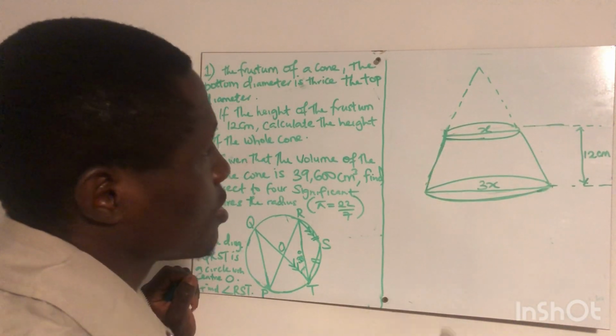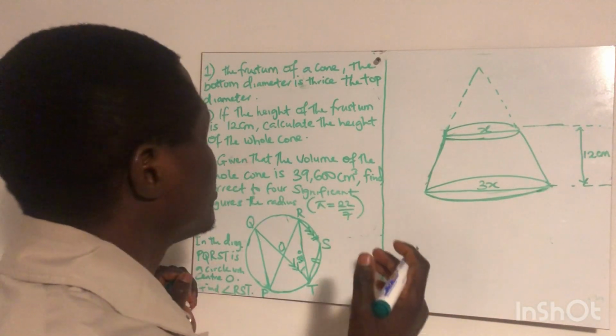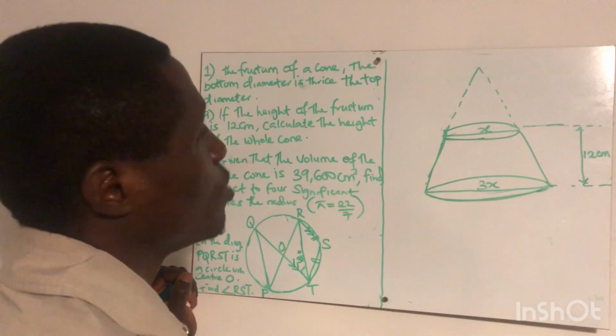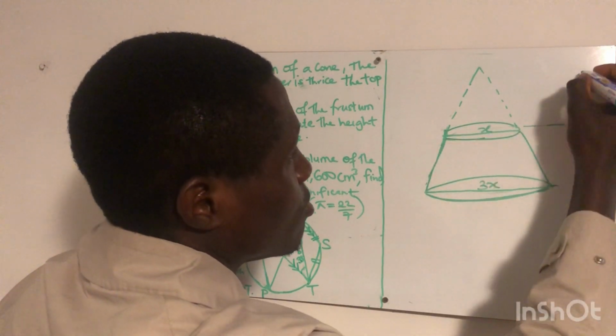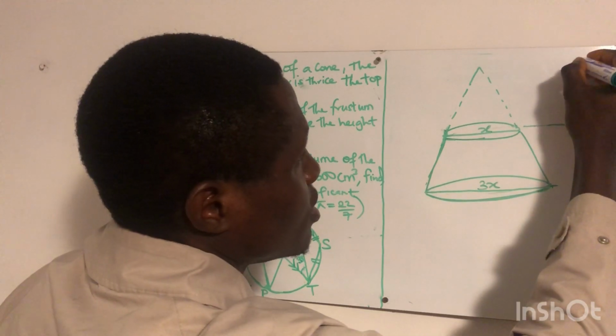They now ask us, what is the height of the whole cone? To get the height of the whole cone, we must get the height from here to here as well.